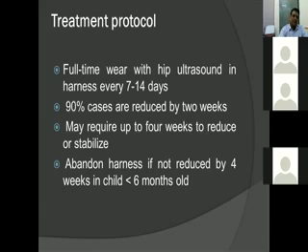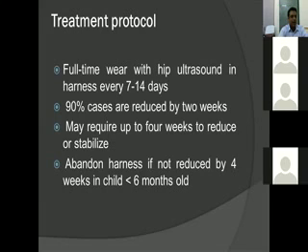After 6 weeks, you can remove the harness and mobilize the patient. If the dislocation is not reduced by this harness by 4 weeks in a child of less than 6 months old, one should stop using this harness.